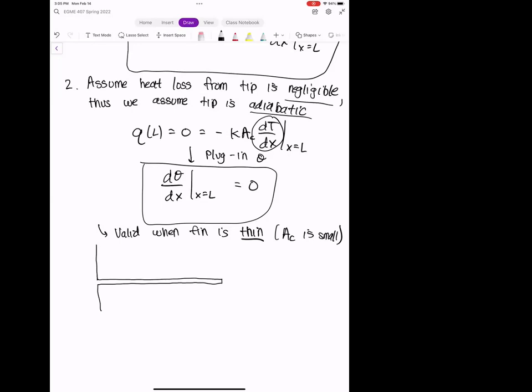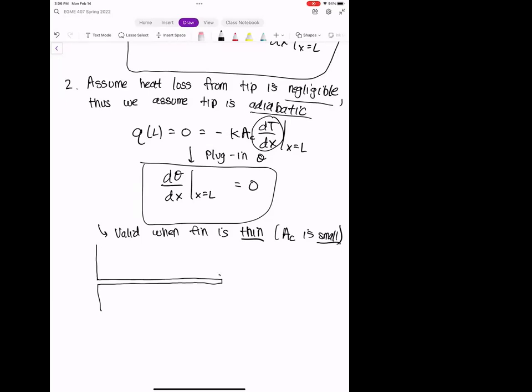Question. What do you mean by small? Is there a minimum or maximum? It's a great question. Small here is definitely relative. The thing that you're comparing is the lateral surface area of the fin versus the tip area. I don't have an exact number because it depends on the application, but I would say if it's about 1% of the lateral surface area, that's a pretty good threshold to be considered small.